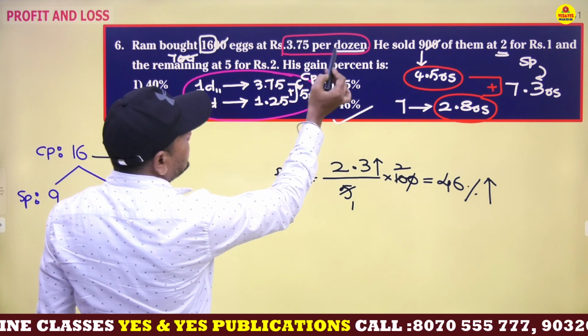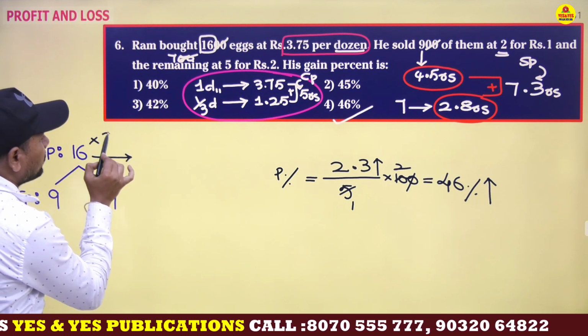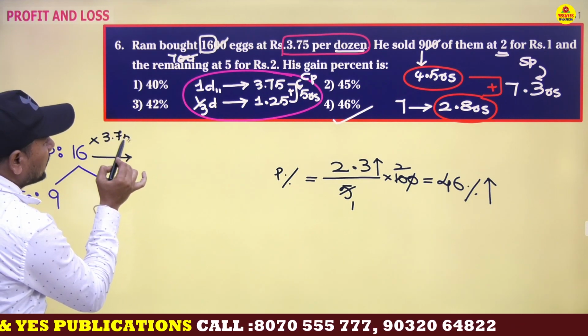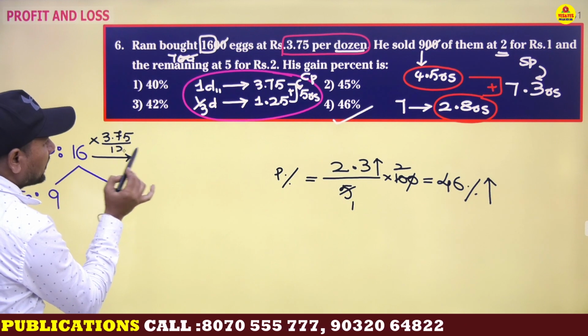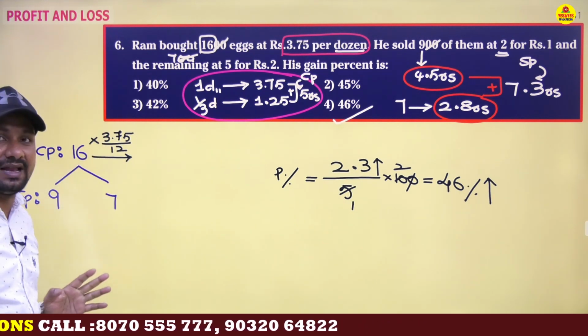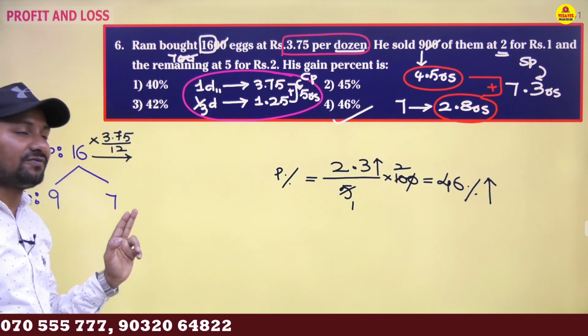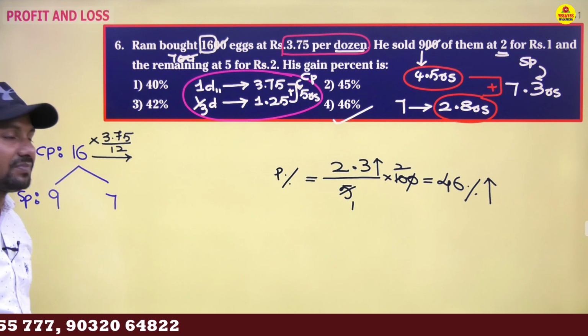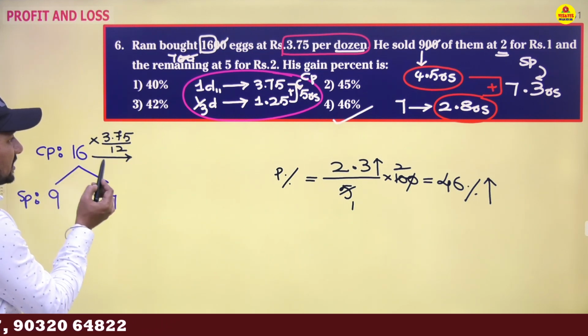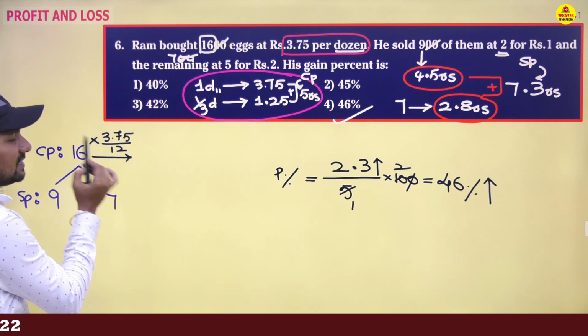Here it is 3.75 per dozen. That means 1 egg is equal to how much? 3.75 by 12. Am I right? Okay, 1 egg is equal to 3.75 by 12. Then 1 dozen is equal to 3.75. I need to calculate for 16. Okay, 12 to 16, here 4 fours are 4 threes are 12.